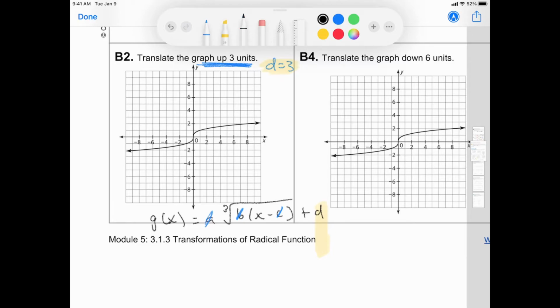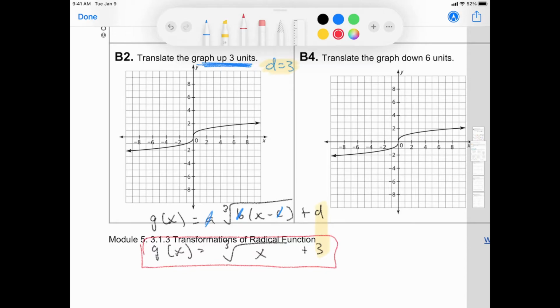So now I write everything. I don't need the A. I don't need the B. I don't need that parentheses. I don't need the C, so you could just put an X. And then plus 3. And here in red, this is our answer.